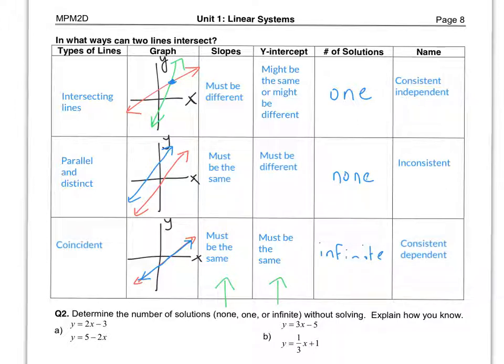So the very first one, take a moment, figure out your slopes. Are they the same or are they different? If they're different, then right away you know it's case number 1 where you have one intersection point. If they're the same, then you need to look at the y-intercepts. So first step, look at slope. Second step, if the slopes are the same, then look at your y-intercepts. Take some time now to look at question 2 and I'll put up solutions.